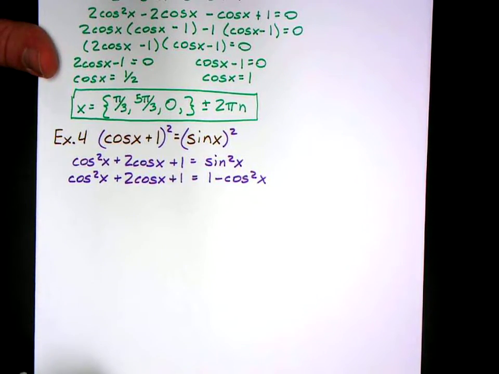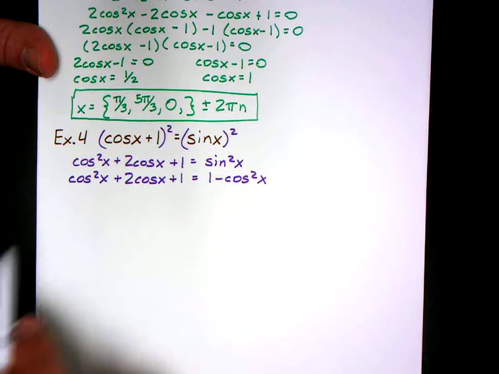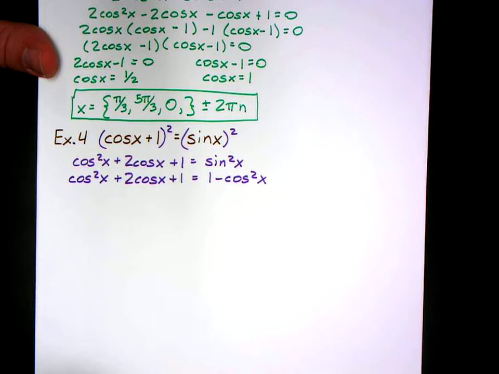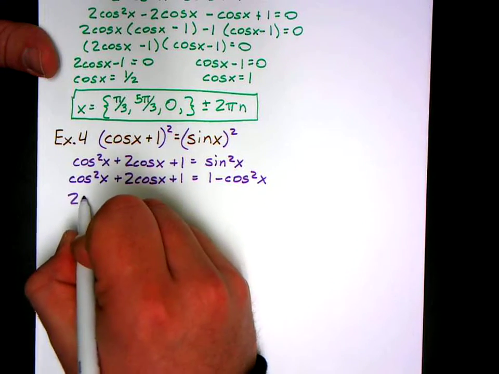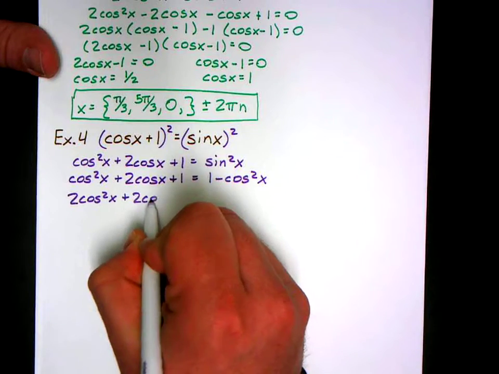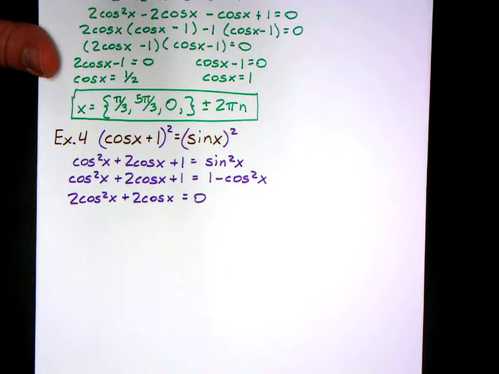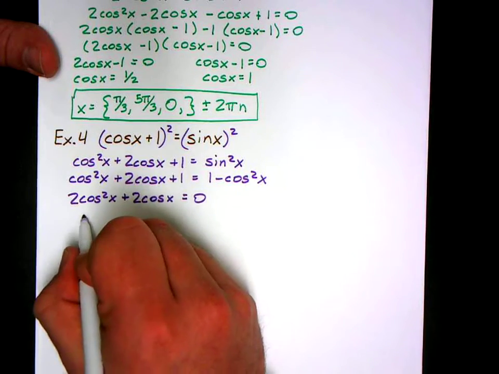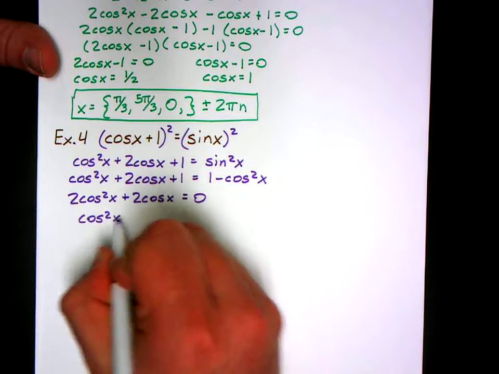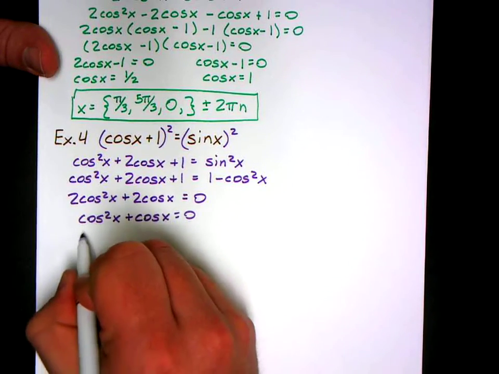So use Pythagorean and change that over, because I can't use Pythagorean if things are not squared. Okay, move everything off to the left. Things start working really nicely for me because my 1's disappear. I can divide off the 2's. So that makes my factoring really nice and easy.